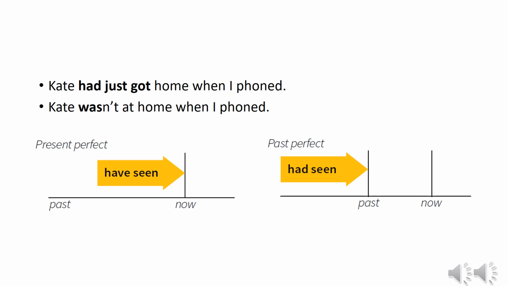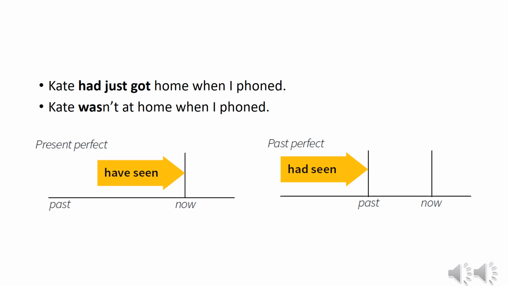Because there is another action, I phoned, here the action phone also happened in the past, but it is a kind of near past rather than a far past. So here we have a kind of sequence that relates each action to the other.